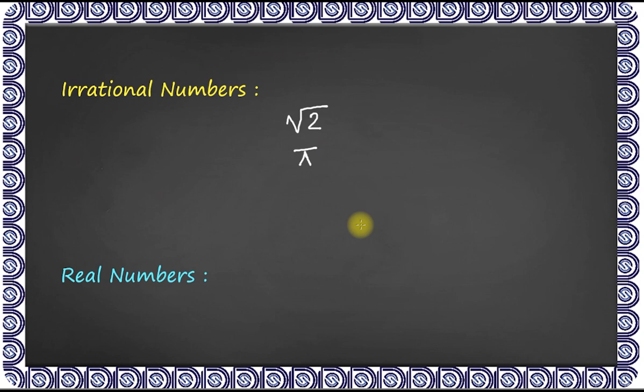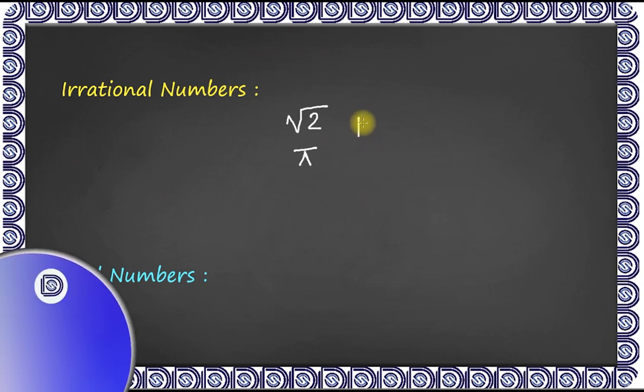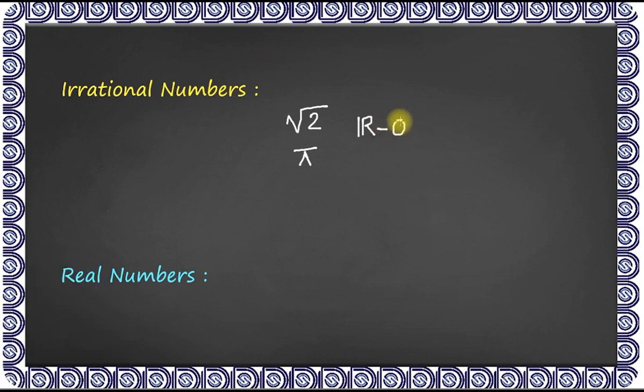These numbers have infinite and non-repeating decimal representations, and maybe we can show it by this: X is an element in real numbers such that X is not in Q.